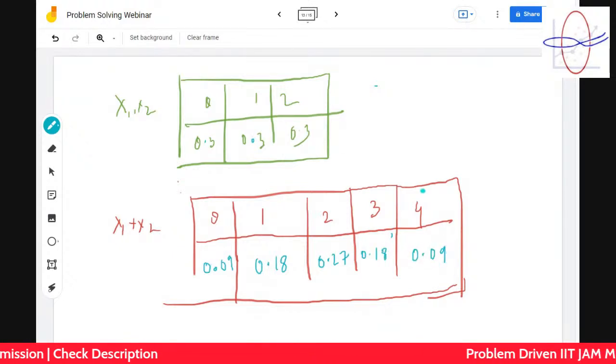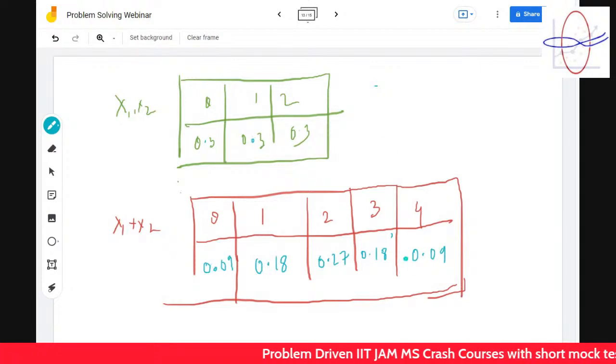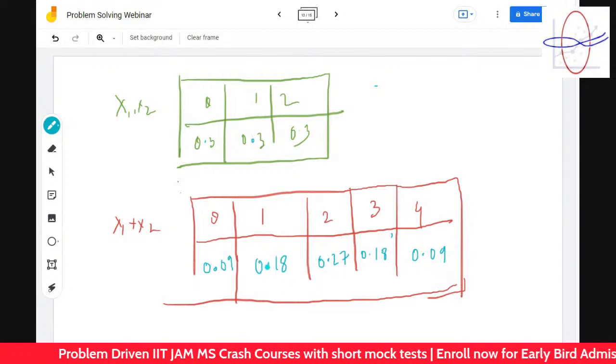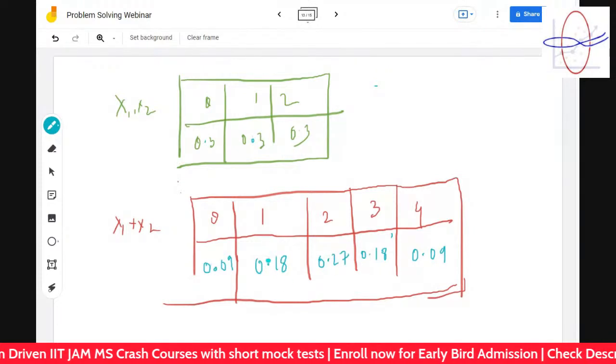Everything correct, I guess. 0.09, 0.18, 0.18, 3 times. I think there is some mistake I did.